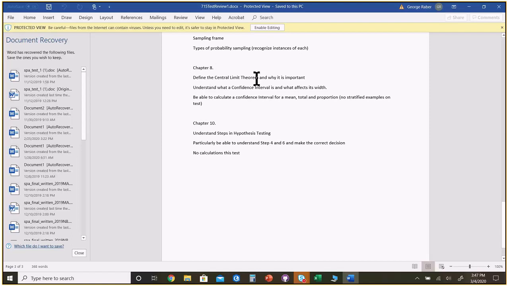So in Chapter 8, you need to define the central limit theorem, which can be summarized really quickly as the mean of the means is the mean. Why is it important? Well, the distribution of sample means is almost always the normal distribution, and that allows us to utilize the normal distribution when testing whether or not a sample matches a population, even when the underlying distribution isn't necessarily normal.